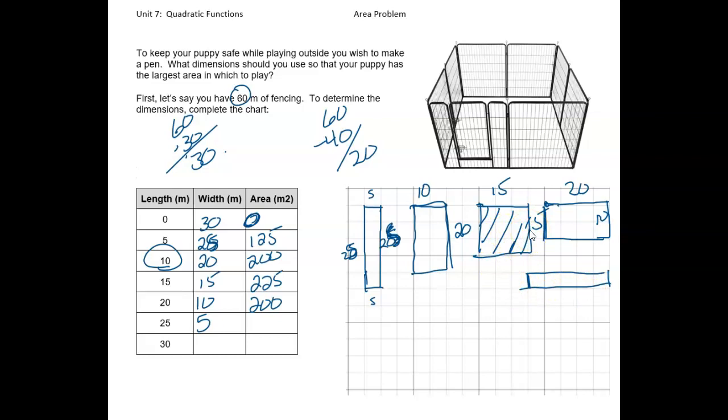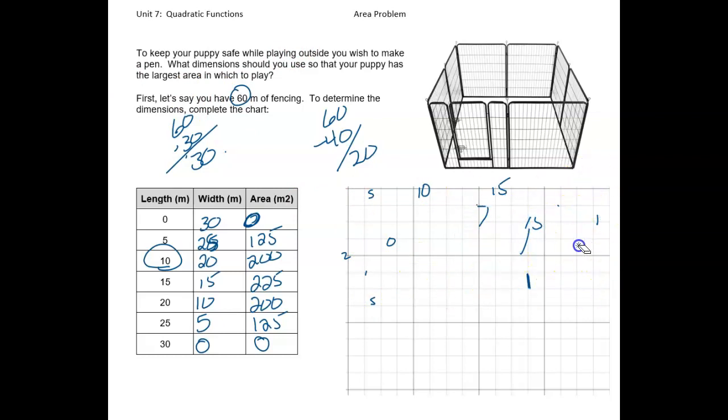So you're not really getting different shapes, it's just they're turned. And 25 times 5, 125, 30 times 0, 0. Okay, so let's graph this. And we can look at our graph and see which one gives us the biggest area.